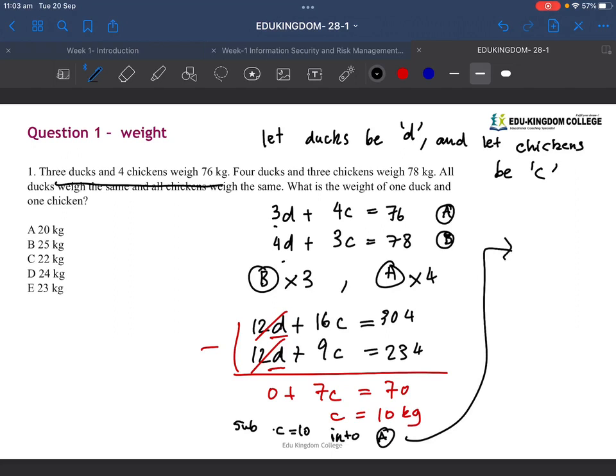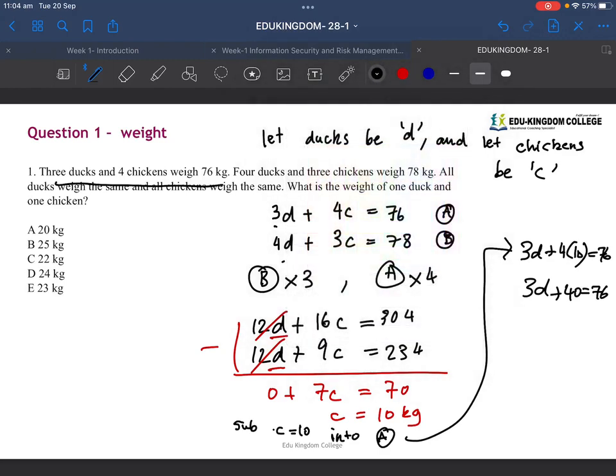If we sub C equals 10 into A, right? Let's look at A. 3D plus 4C. What do we know C to be now? 10, equals 76, okay? I could have substituted it into B. It doesn't really matter. I just chose A randomly. If 3D plus 4 times 10, which is 40, equals 76, then, actually, let me not skip a step. 3D plus 40 equals 76, right, guys?